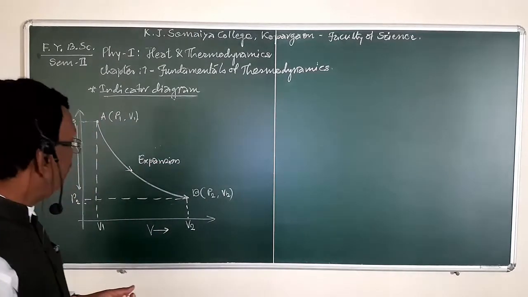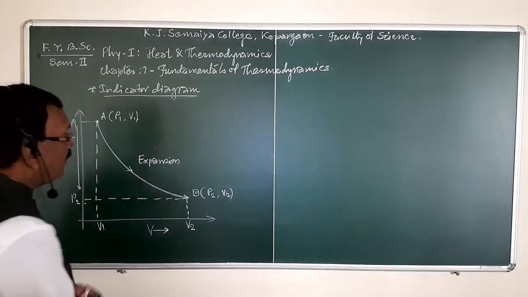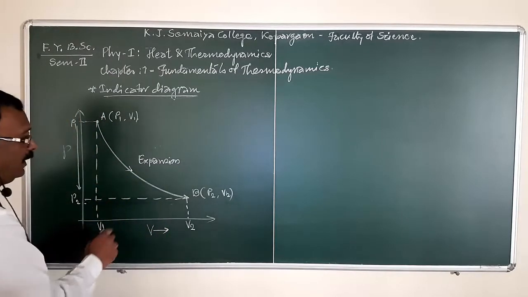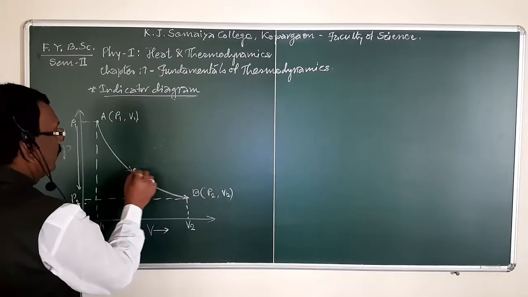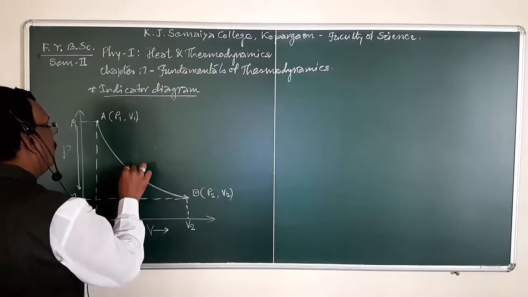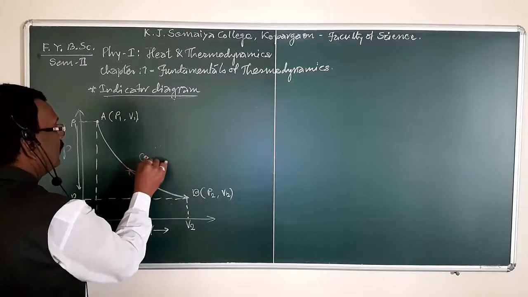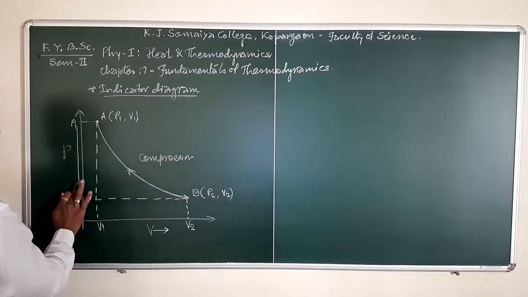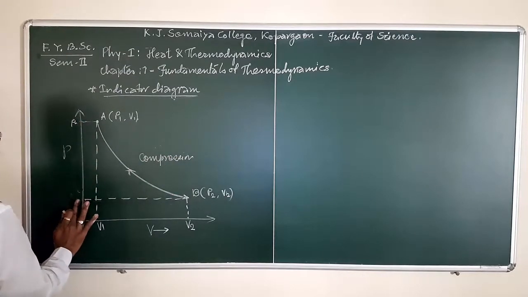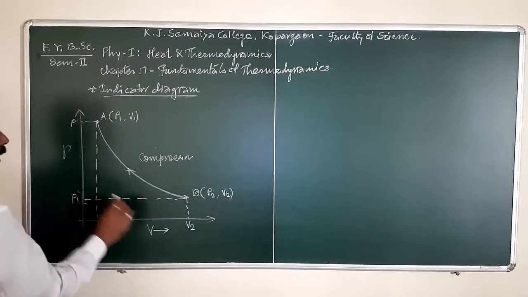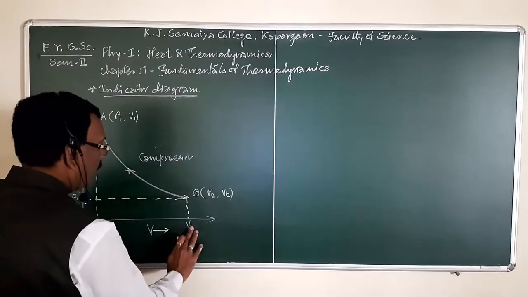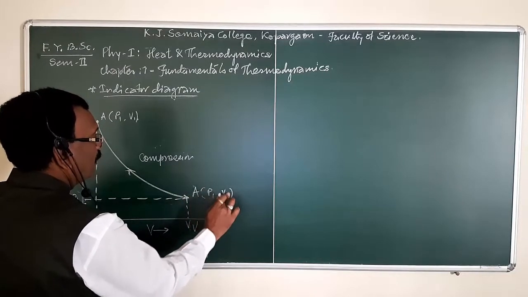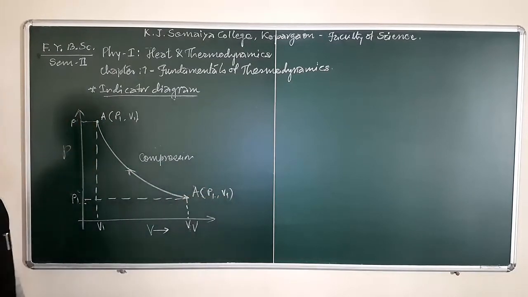Okay. Now, instead of expansion, it can also be represented graphically for compression. Now, when we are going to represent the compression, what happens? We increase the pressure on the piston. Suppose this is the pressure P1 and this is the volume V1, and A equal to P1, V1 is the initial state of the system.